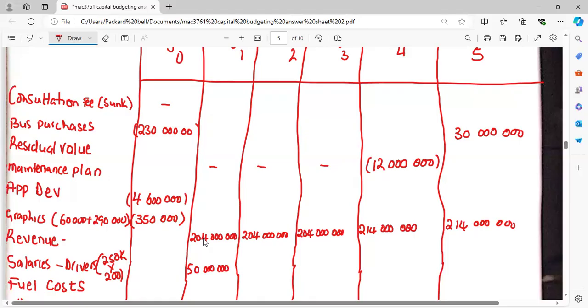It must be million because each driver is paid 250,000 per annum, so already it has passed the 50,000. I think 50 million is correct. Yes, it's correct. So this one is an expense.